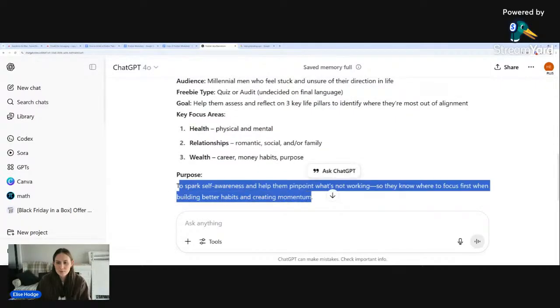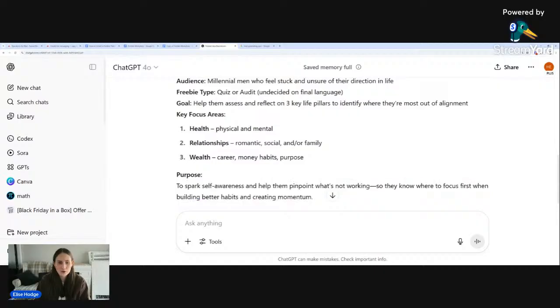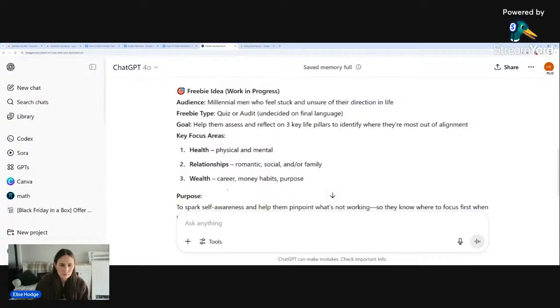Spark self-awareness, help them pinpoint what's not working so they know where to focus first when building better habits and creating momentum. Okay.